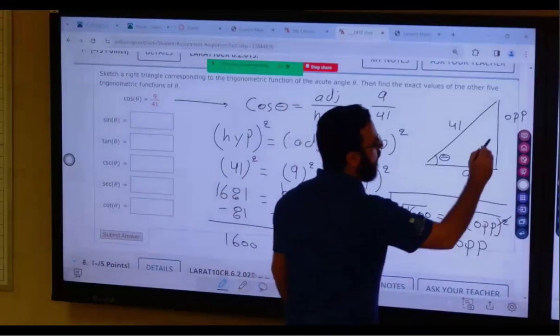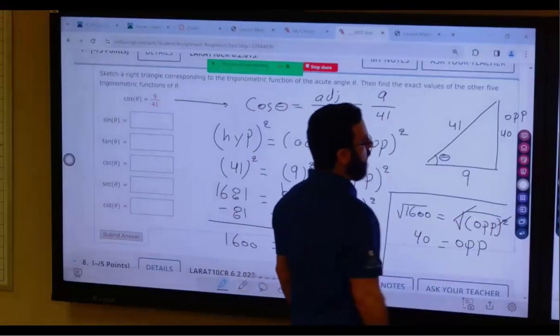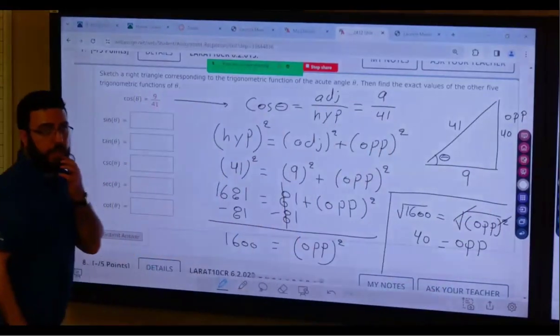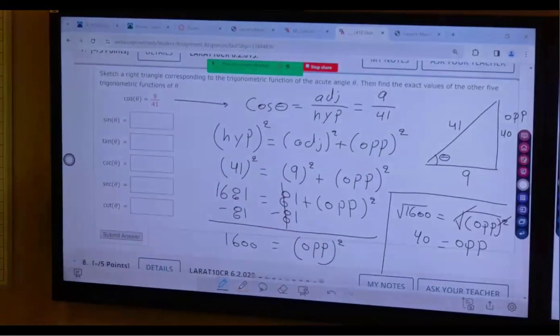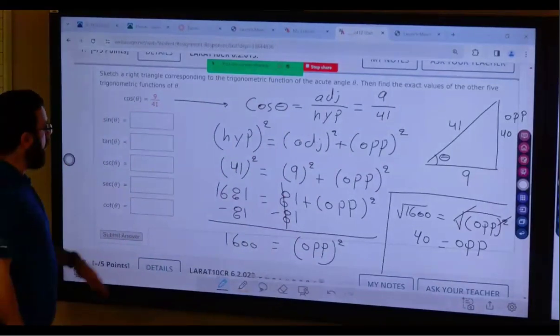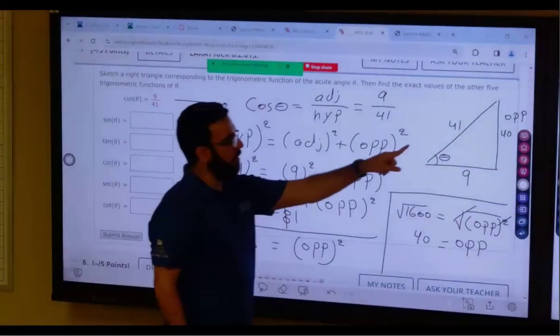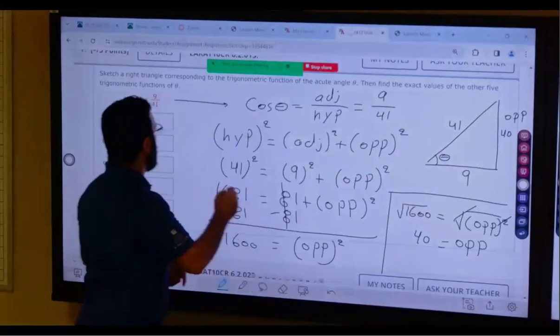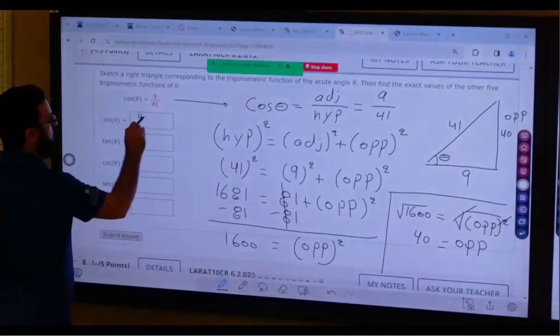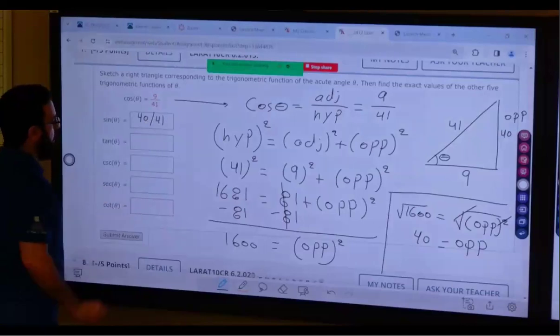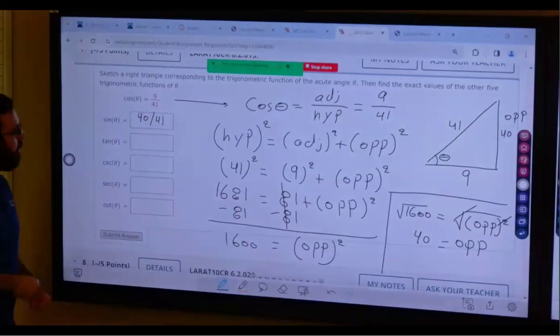So we found the opposite is 40. You got it now? So what's the next step? Sine is opposite over hypotenuse, so the sine is going to be 40 over 41. The tangent, 40/9.